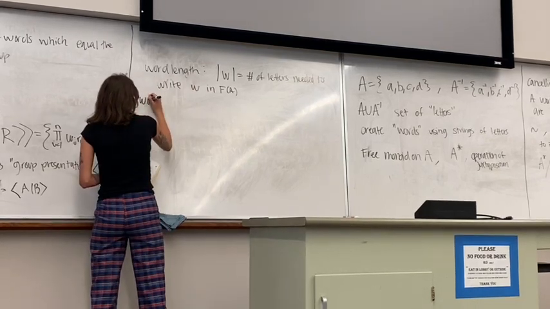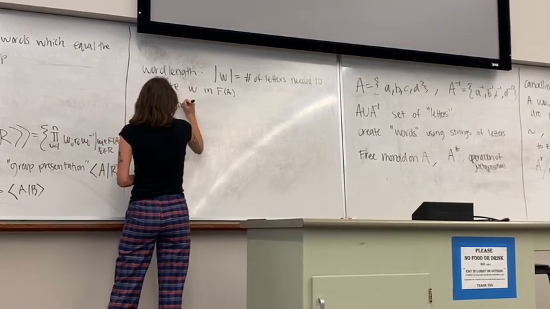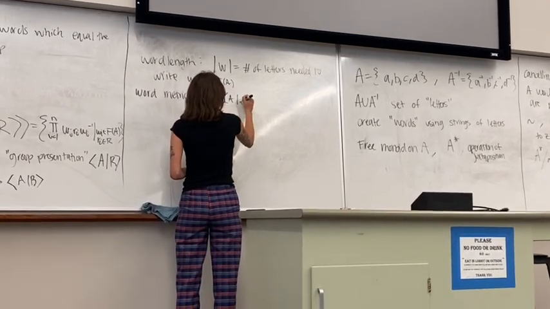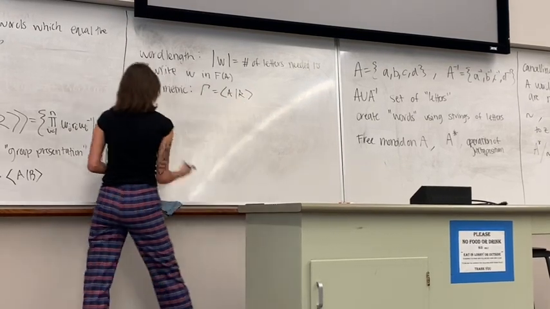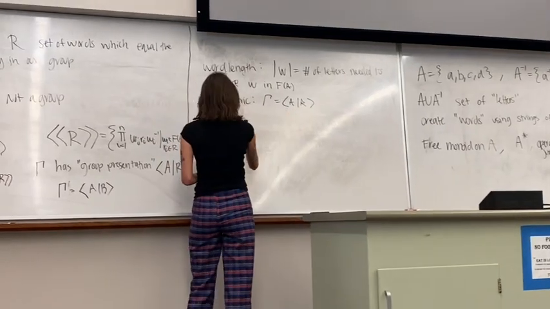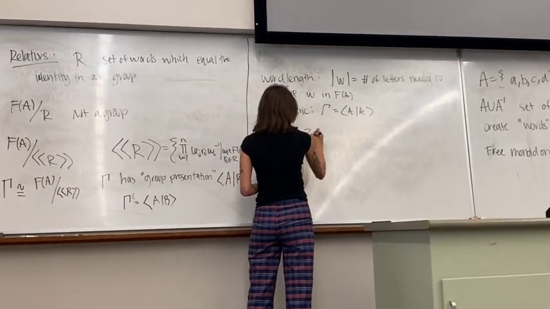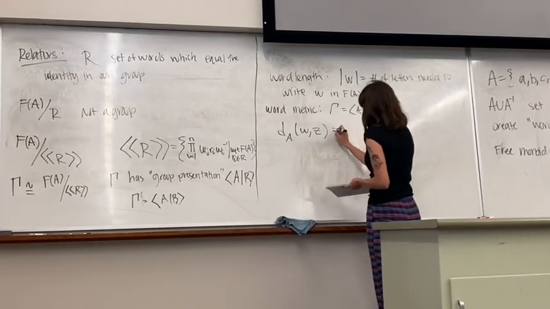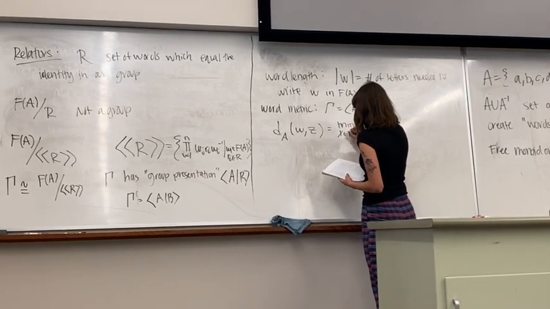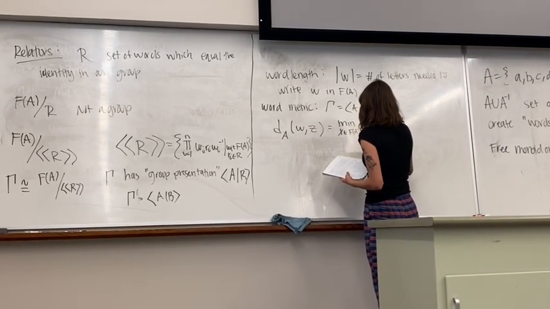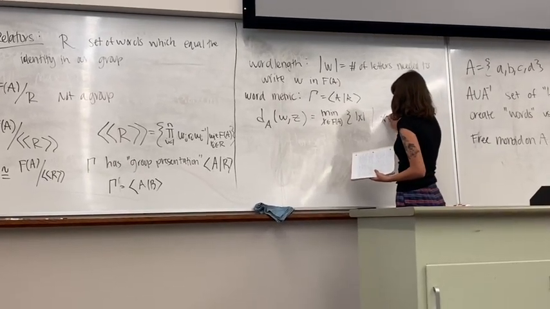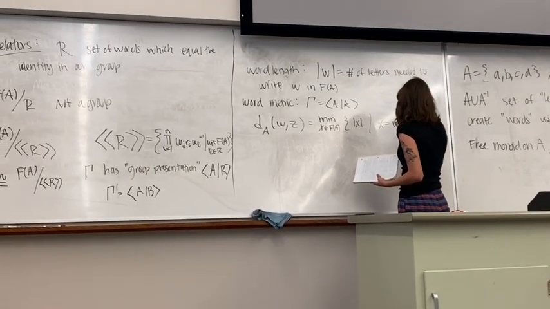We define the word metric for a group gamma with presentation angle bracket A bar R by the distance, using distance sub A because this is our generating set, from the word W to the word Z is just going to equal the minimum word length over all x in F of A such that x is equal to W Z inverse in gamma.